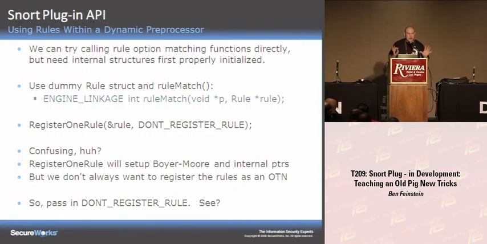All the don't register rule flag does is it doesn't add it into the tree of nodes there. You still have to call this function to initialize all the pointers in your structures, so it sets up the horocorsic and the internal pointers. But this was a confusing point to me. So when you're using rule structures inside your preprocessor, you need to register them, but not register them.